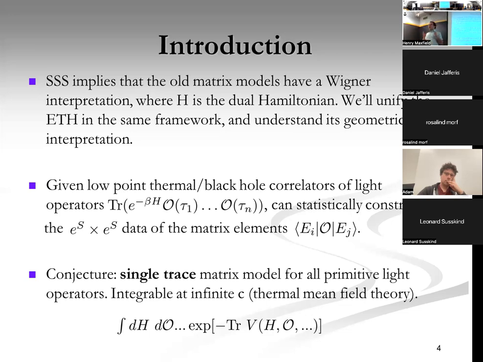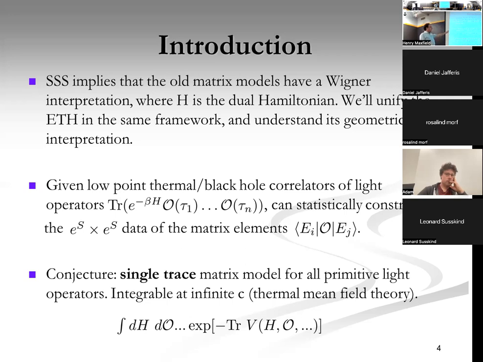Because in the old matrix models, it wasn't clear what the matrix was, and what they saw was that it's the dual Hamiltonian in the sense of the CFT. And so the way I'll think about what I'm going to do here today is that we're going to unify the ETH in the same framework, and it will also have a geometric interpretation.